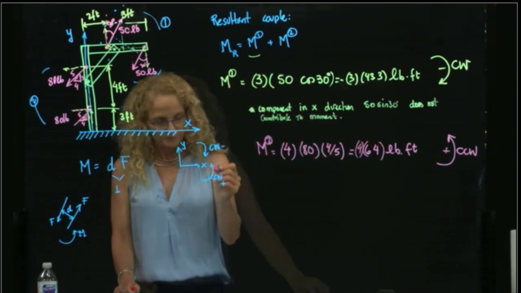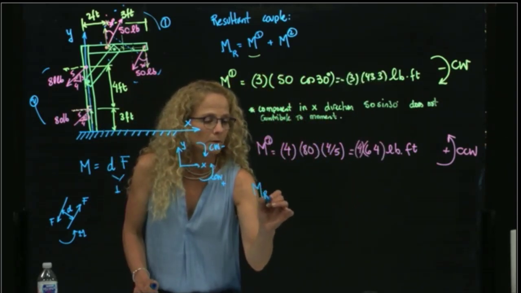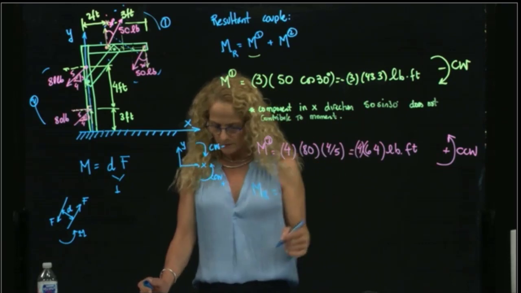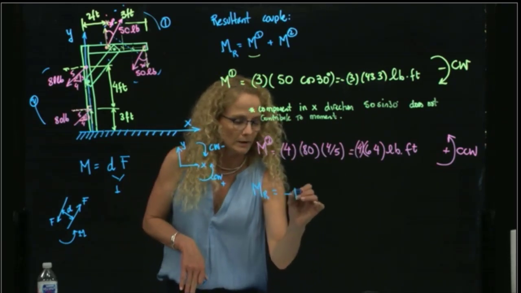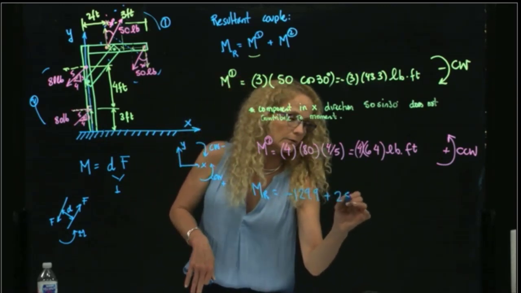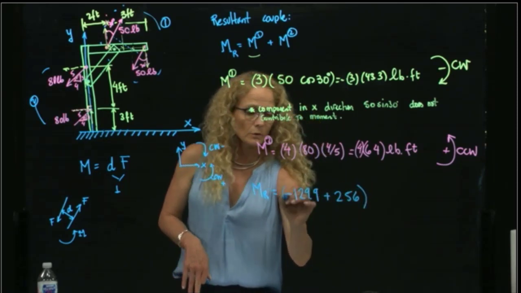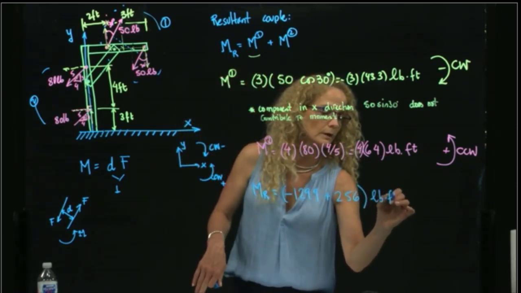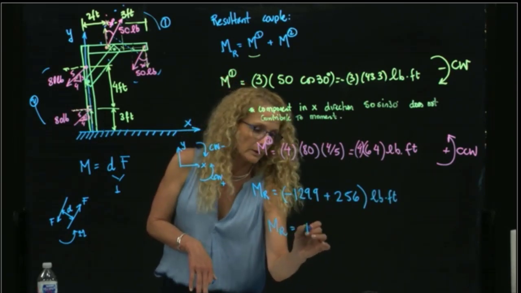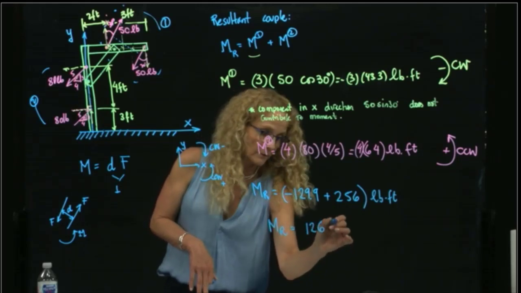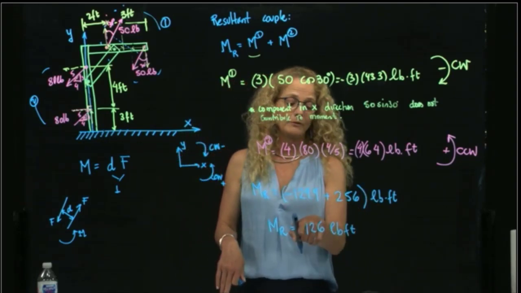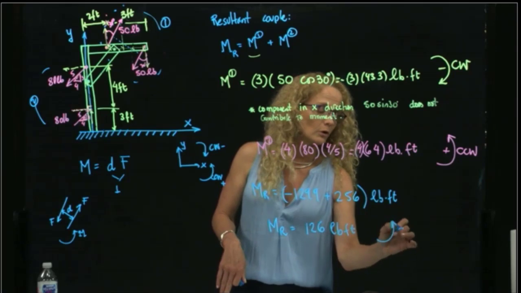So therefore, finally, my resultant moment will be the multiplication of that negative and the multiplication of that positive. And that gives me a value of negative 129.9 plus 256, all that pounds per feet. And as we add those two values together, we get 126 pounds per feet, and the direction it gives me positive, therefore is counterclockwise.